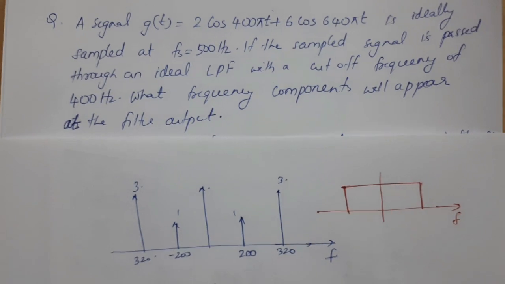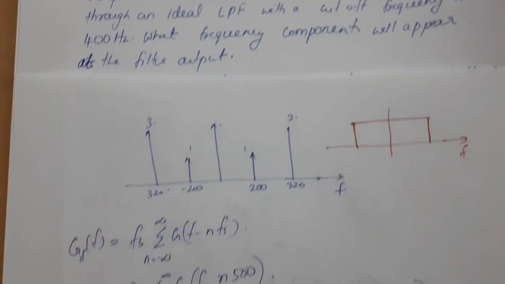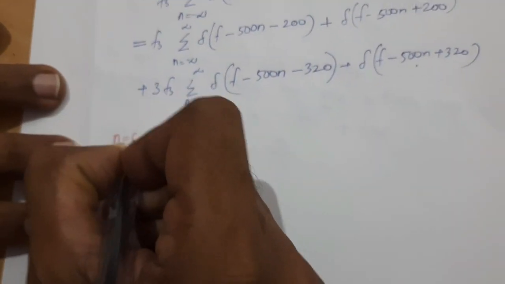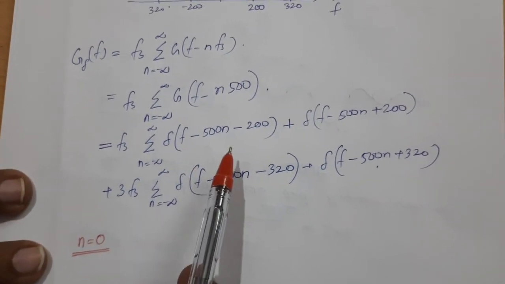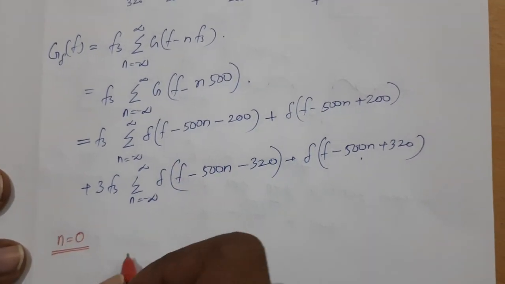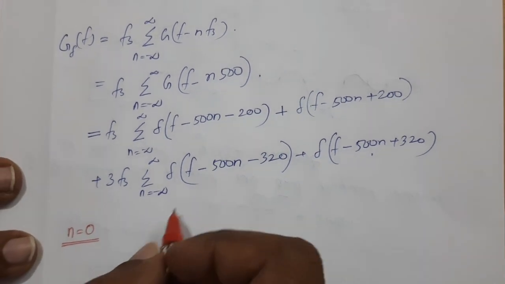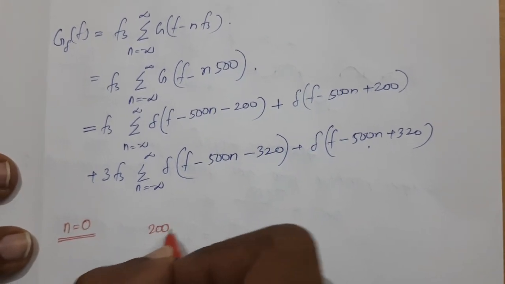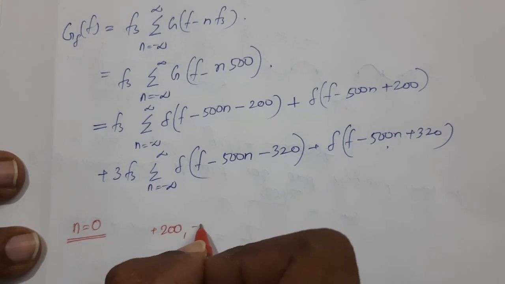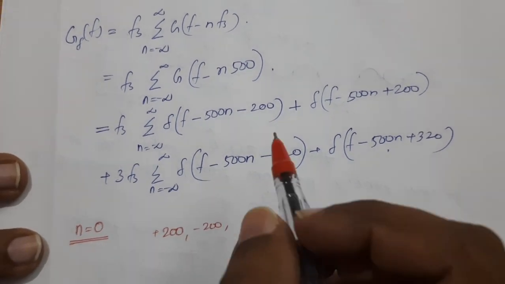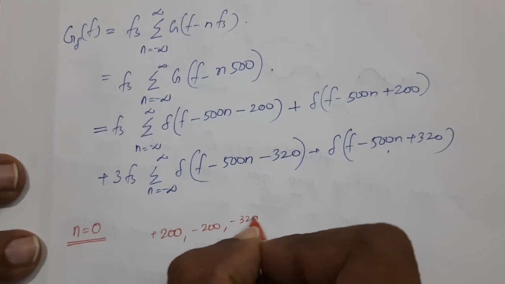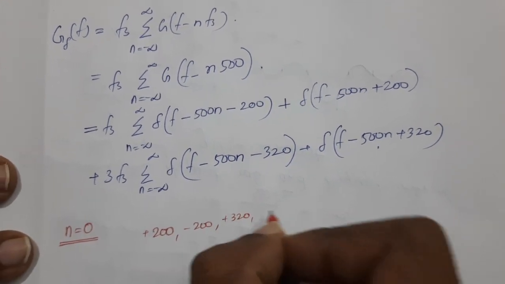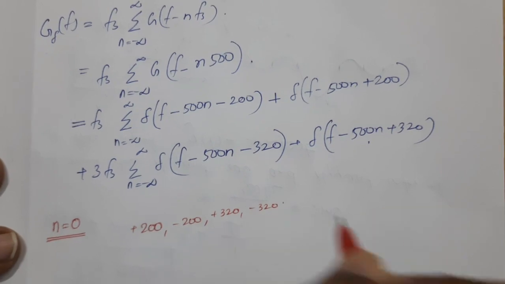If you put n equal to 0, the frequencies present will be 200, minus 200, 320 and minus 320.